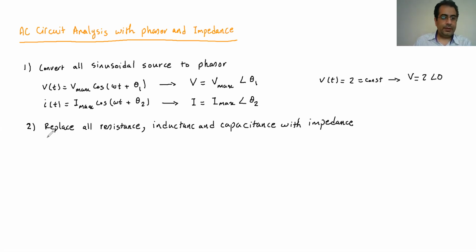So how is it going to work? For the inductor with inductance L, the impedance Z_L is going to be j omega L, or omega L with an angle of 90, because it's a j, so it doesn't have any real value and it's on the imaginary axis.